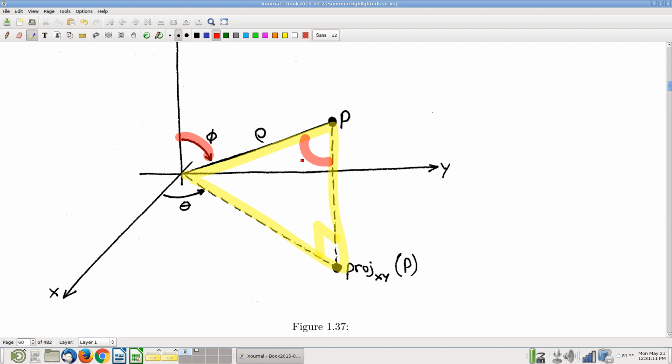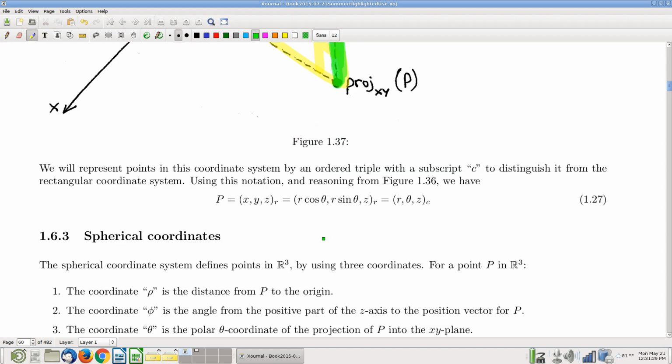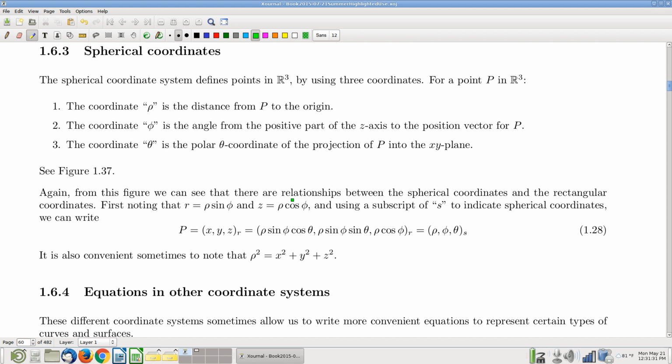Therefore these edges are going to be sines and cosines. So very straightforward. For example, this edge here, the z coordinate, is clearly rho cosine phi. So, there you go. Z is rho cosine phi.